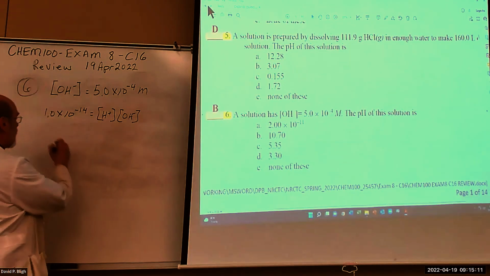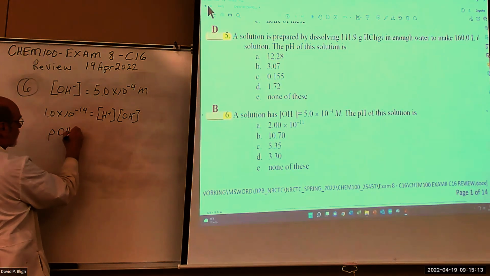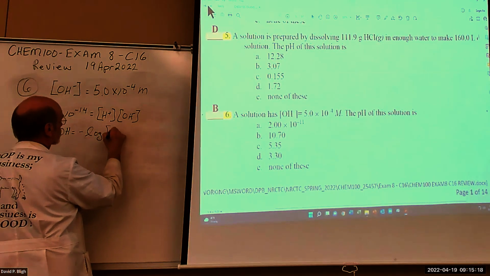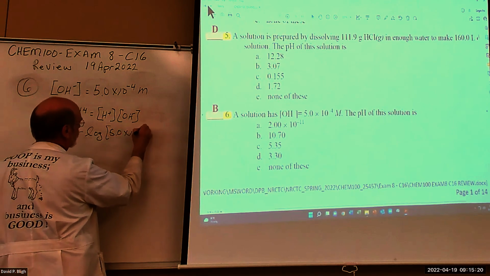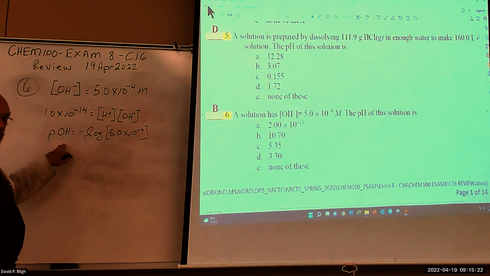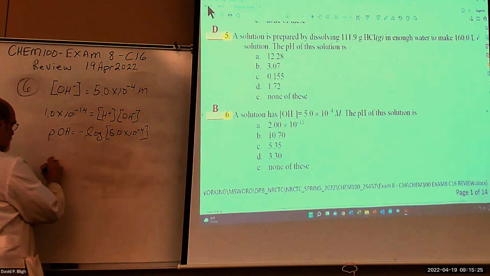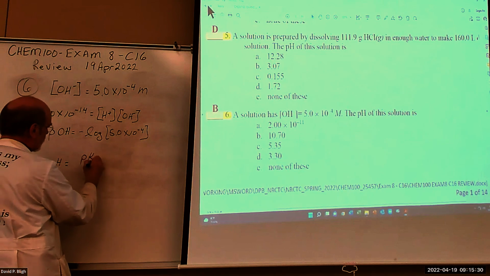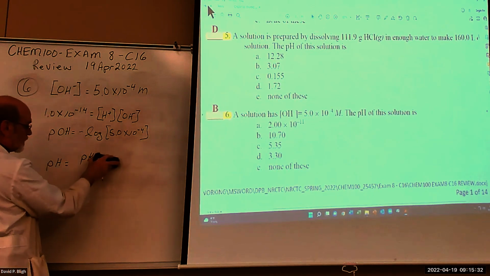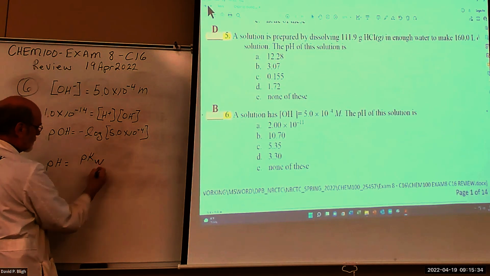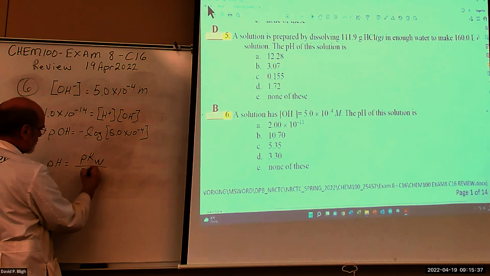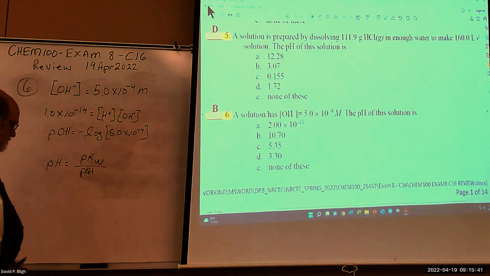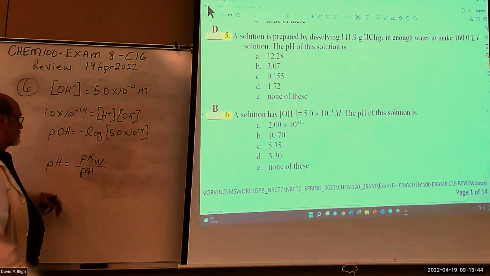Or you can do pOH, negative log of 5 times 10 to the minus 4. Once you know pOH, then pH is equal to pKw, or water, divided by pOH. I like this one better.